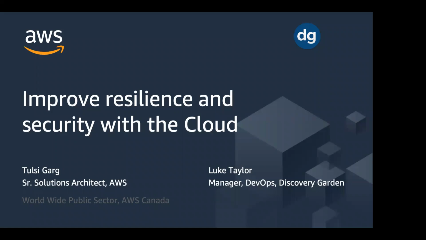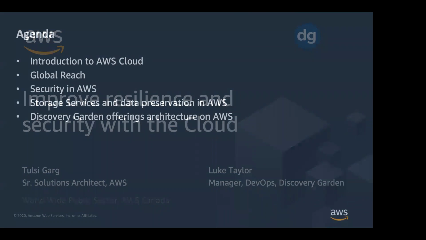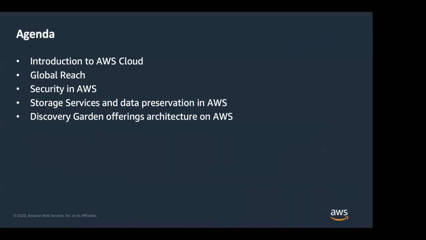So in terms of what we are going to look at today, I will be providing you with an introduction to AWS Cloud in general, making you familiar with some of the common terminology so that when we talk later about the solution and how we are making use of the services, you can connect with the terminology.